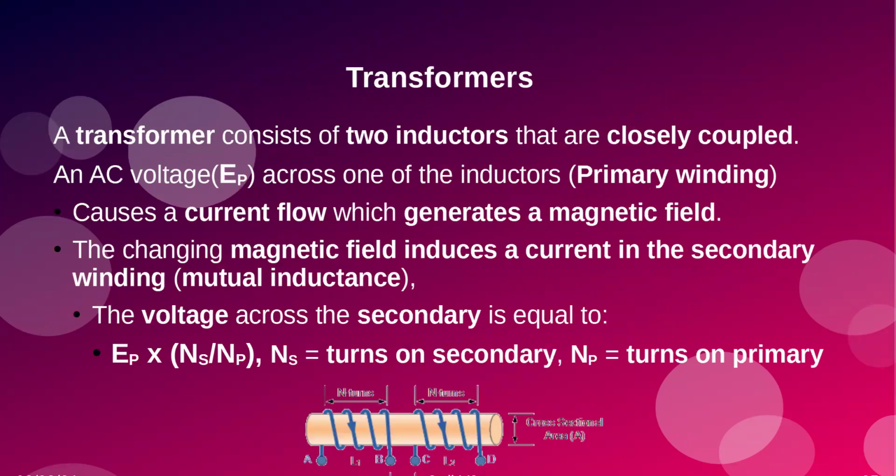Transformers. Okay, so we have conductors close enough together that you have magnetic coupling, or wind them on the same core. But that will create a current voltage.